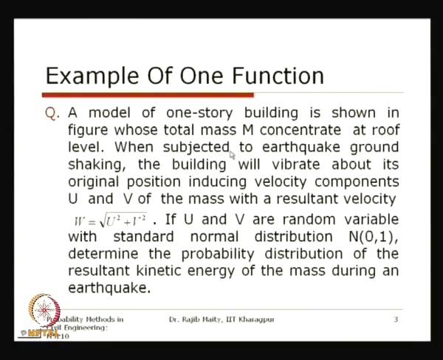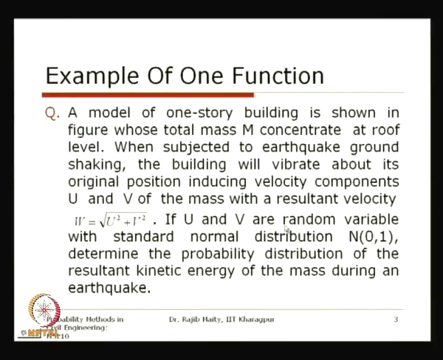When subjected to earthquake ground shaking, the building will vibrate about its original position, inducing the velocity components u and v of the mass, in two orthogonal directions. The resultant velocity is denoted as w, and w equals the square root of u square plus v square.